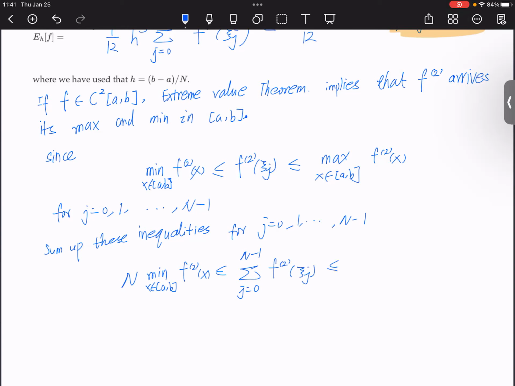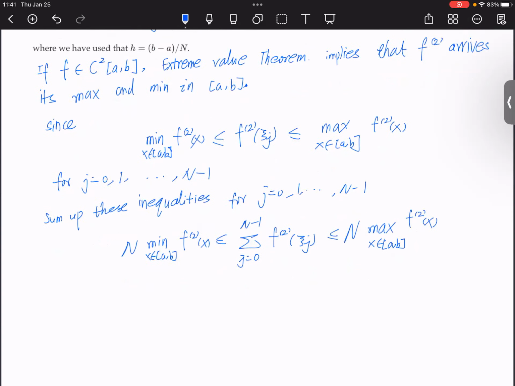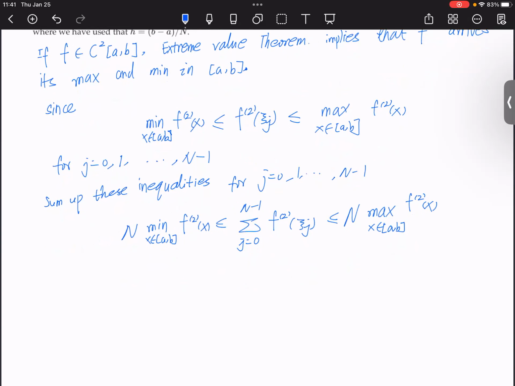And then for the third term, the upper bound, we have n terms here, because j goes from 0 to n minus 1, and this is the maximum value. Okay, we got that. This is the inequality for the minimum and maximum.